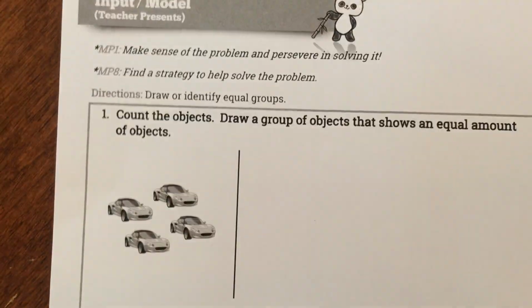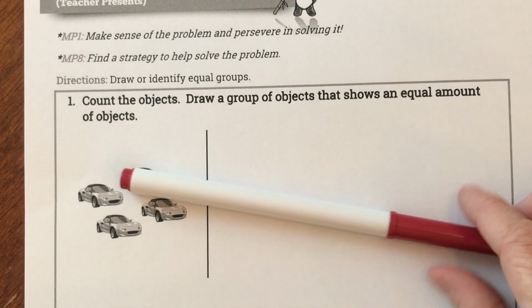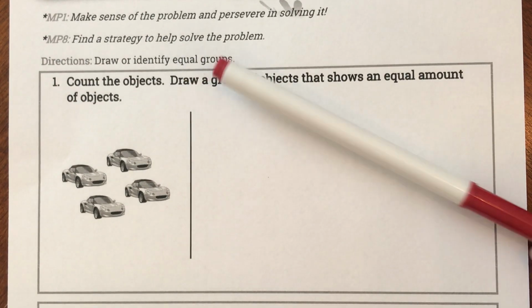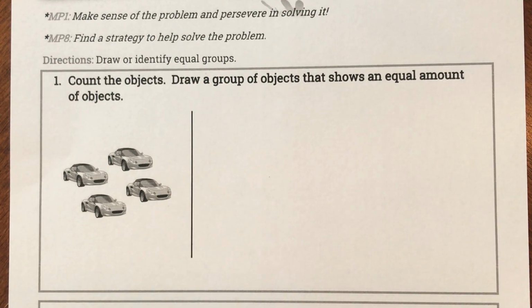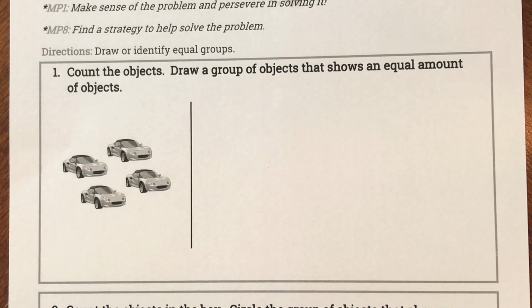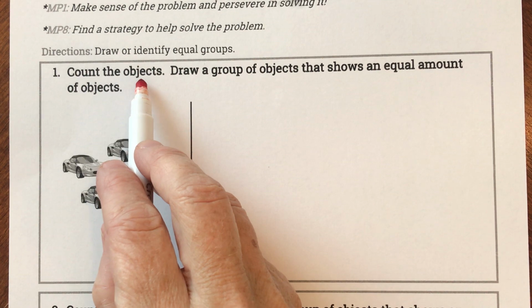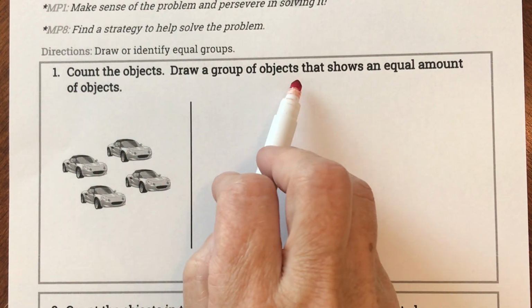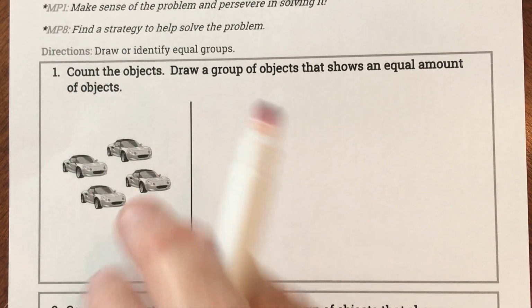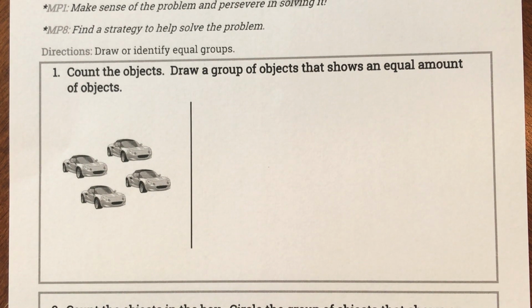Here's my first problem, and I'm going to use my red pen, which means, remember, you just sit and watch. You don't need to do this with me because you don't have this problem. Okay, so my directions say count the objects. Draw a group of objects that shows an equal amount. Okay, so my objects are cars this time, and they want me to count them. So ready?